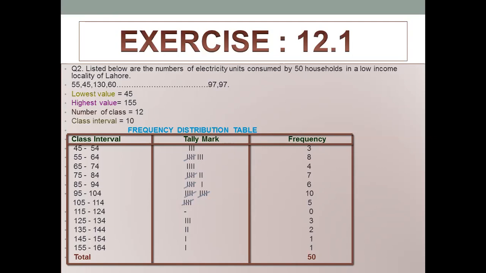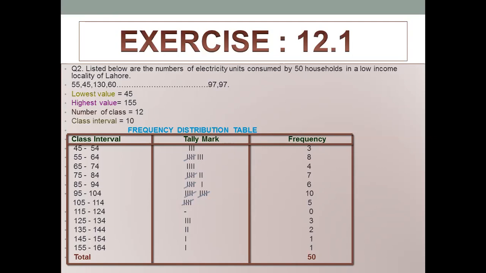The number before 55 is 54. So after 45, you write 54. Then again you add 10 each time: 54, 64, 74, 84, 94 till the last value, 164. When you check all the classes, you see that the upper and the lower limits both have differences of 10.